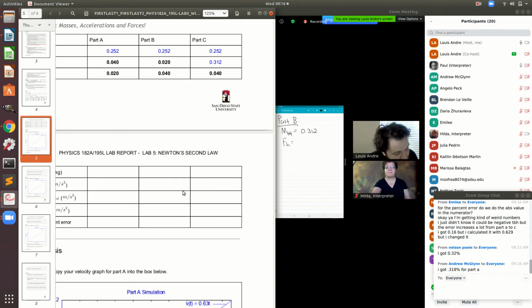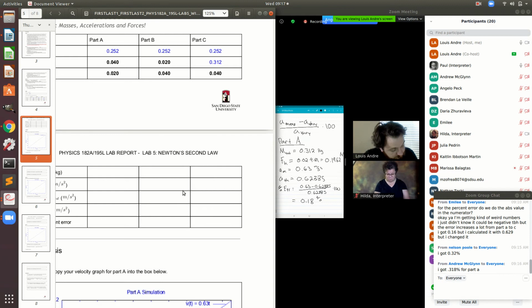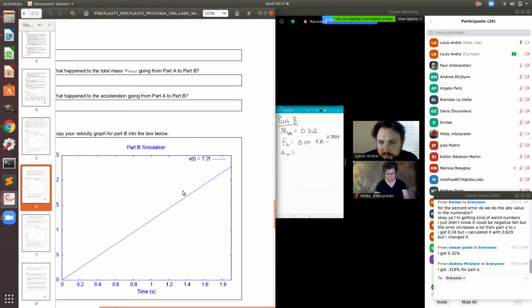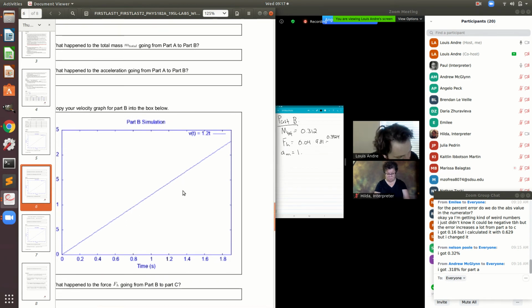FH would be the mass of the hanger, 0.04 times 9.81 to give us 0.3924. Okay. What's A measured for part B? Part B simulation down here. I got 1.2, right? 1.2 meters per second squared right there, reading off the chart.